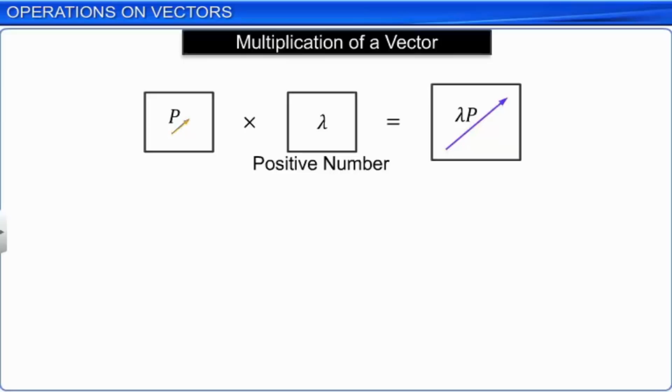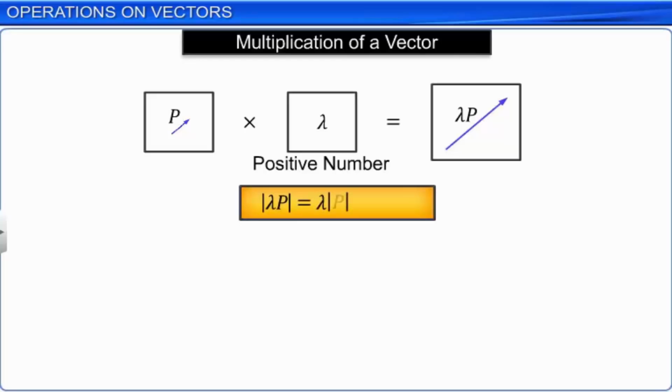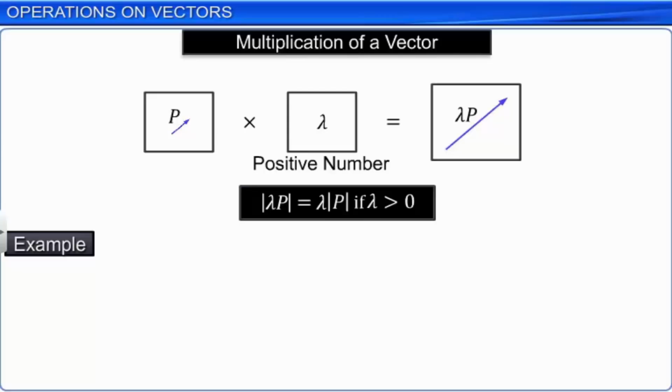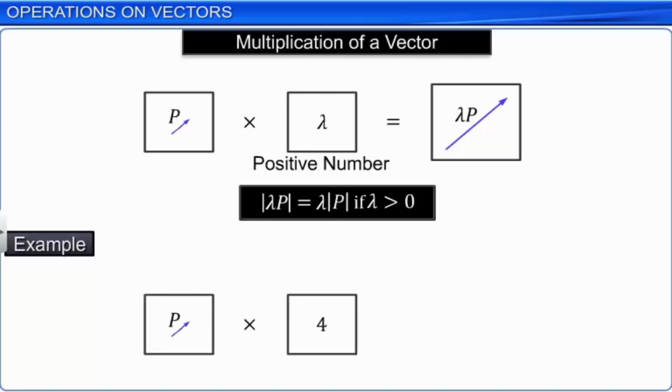Mathematically, it is expressed as mod of lambda p is equal to lambda into mod p.